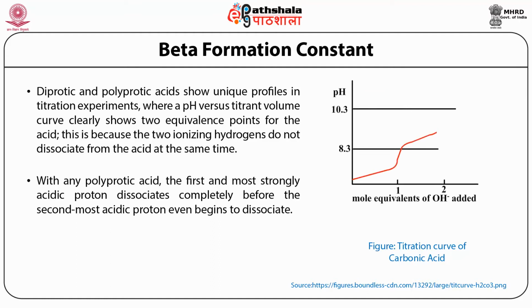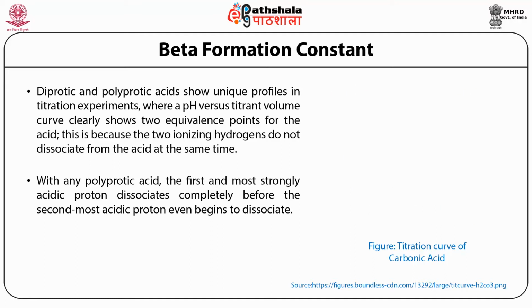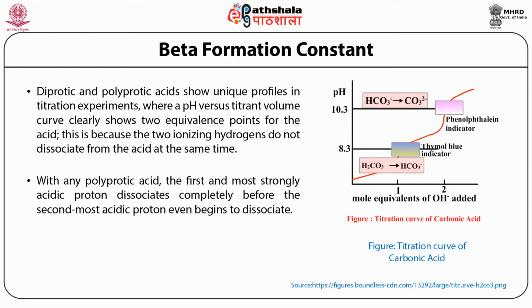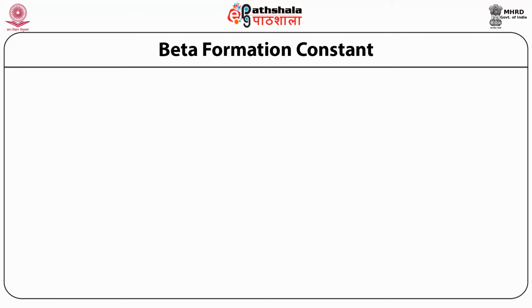The titration curve of a polyprotic acid has multiple equivalence points, one for each proton. In carbonic acid, the two ionizing protons each have a unique equivalence point. As shown in figure 2, each equivalence point is observed by a change in color with the help of indicators.